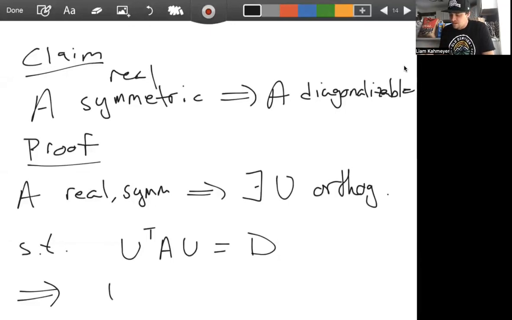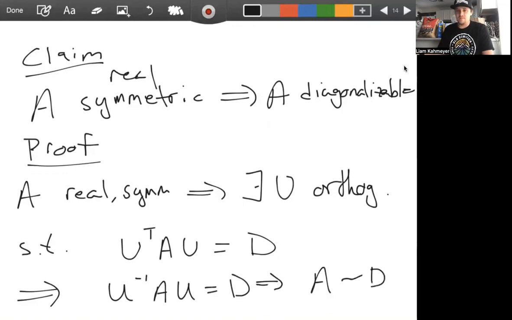So this implies that U inverse A U equals D, which implies that A is similar to D, right? And if A is similar to D, that means A is diagonalizable. Cool.